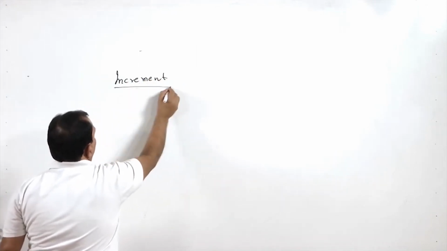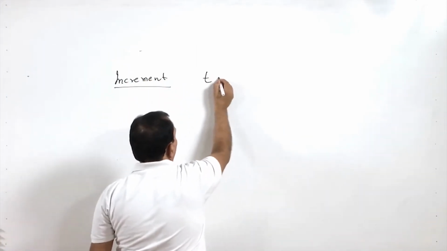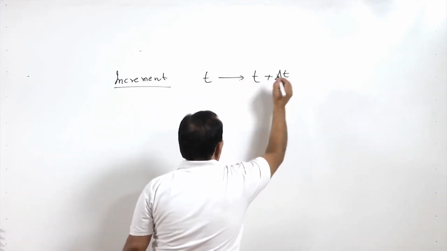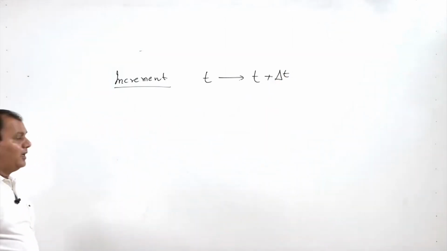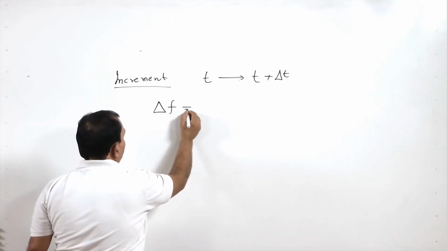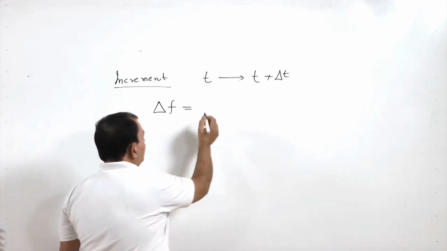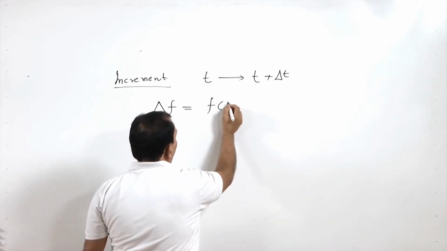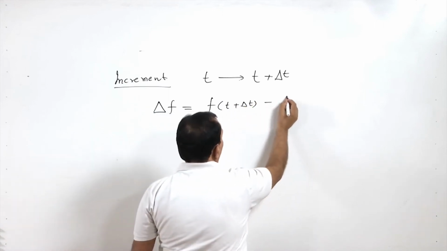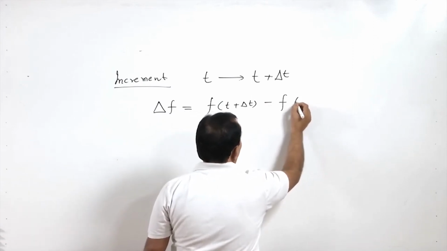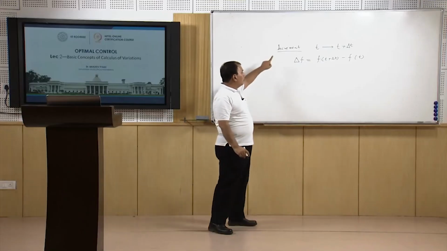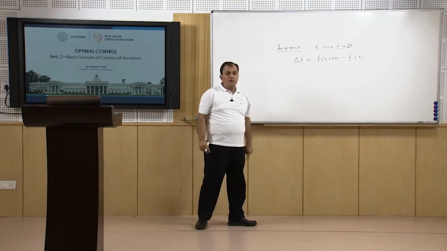If we change the value of t by a small amount, say delta t, then the increment of a function is simply defined as the value of f at t plus delta t minus the value of f at t. This is called the increment of a function.